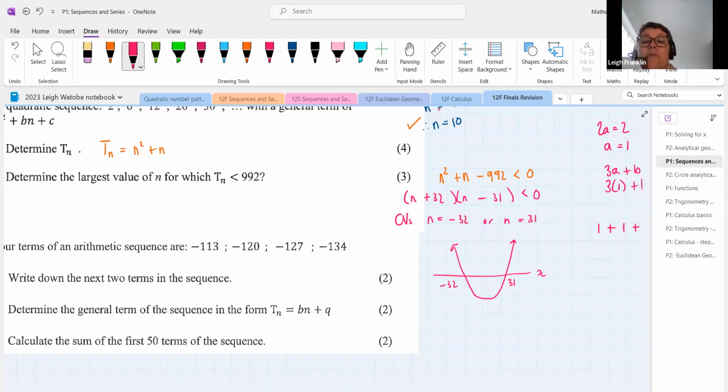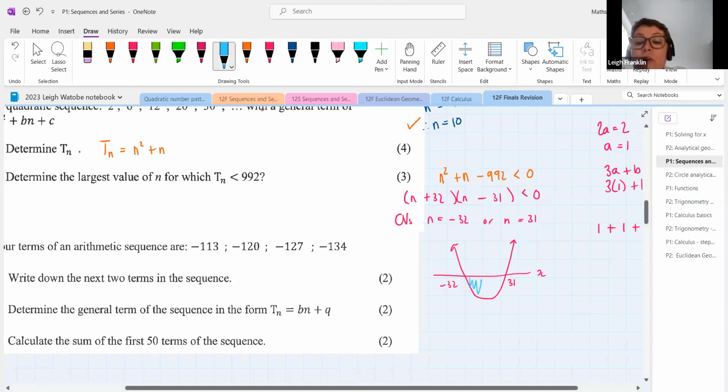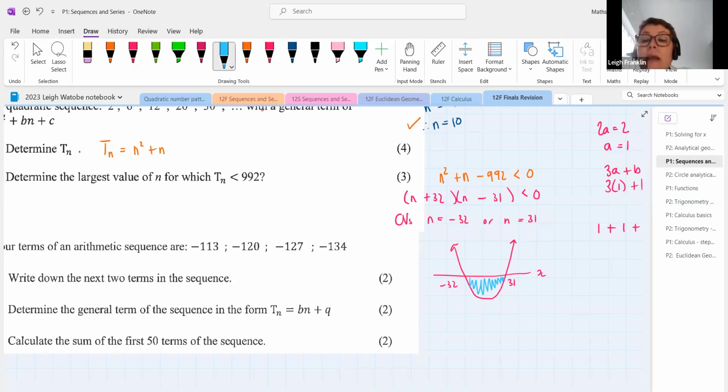Now remember, as far as n is concerned, n cannot be a negative number. So here they're asking us to interpret this based on the fact that this has to be smaller than 0. In other words, it's got to be between here and here. 31 is not included, because there's no smaller than or equal to.